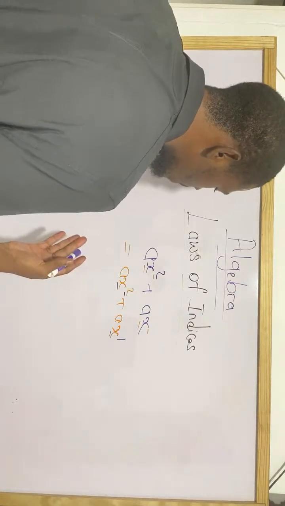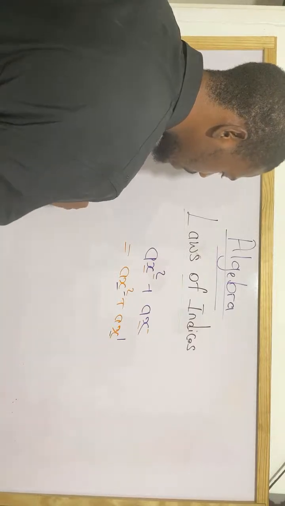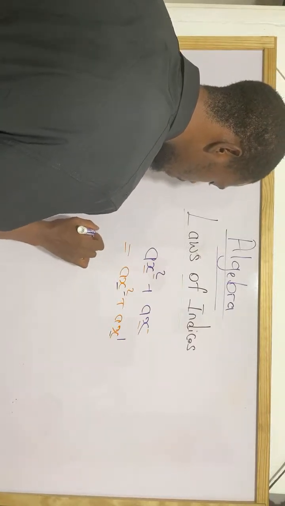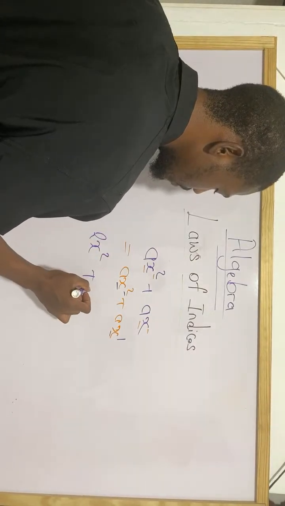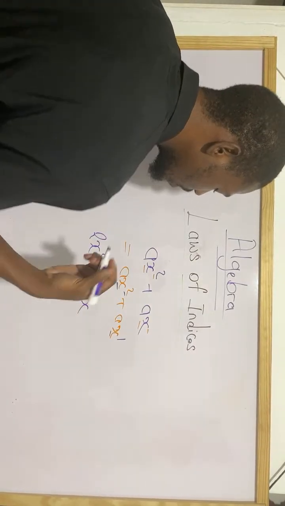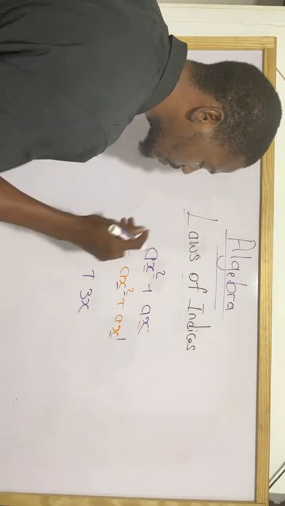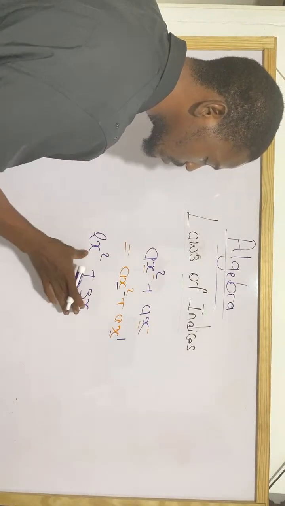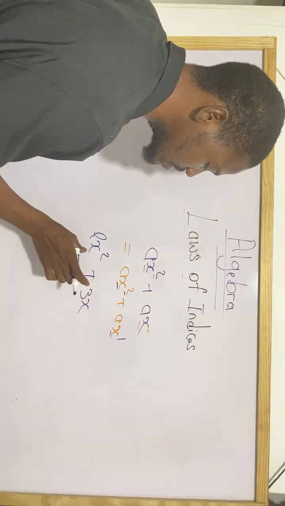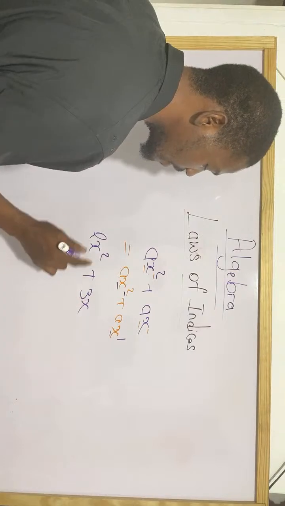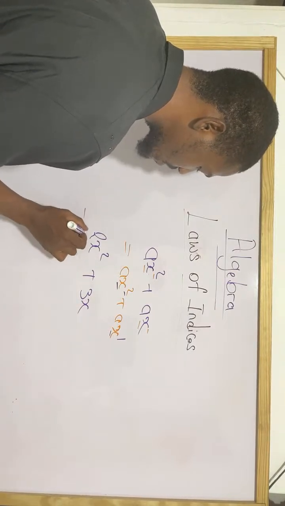Now, that takes us to identifying what are like and unlike terms. So like terms in algebra, let us say 2x squared plus, I'm going to say, 3x. Like terms in algebra refers to two terms that have the same variables. So if x is right here, x also must be right here. So that's one criterion: same variables.